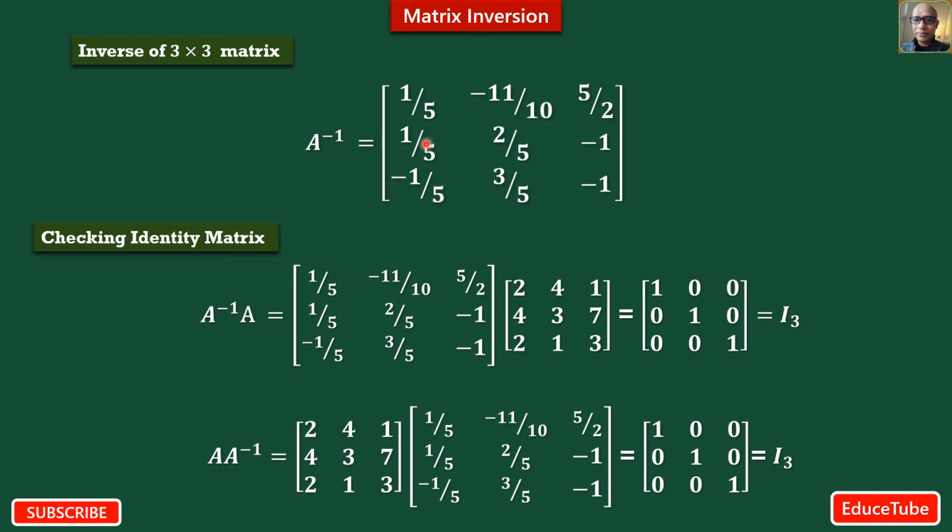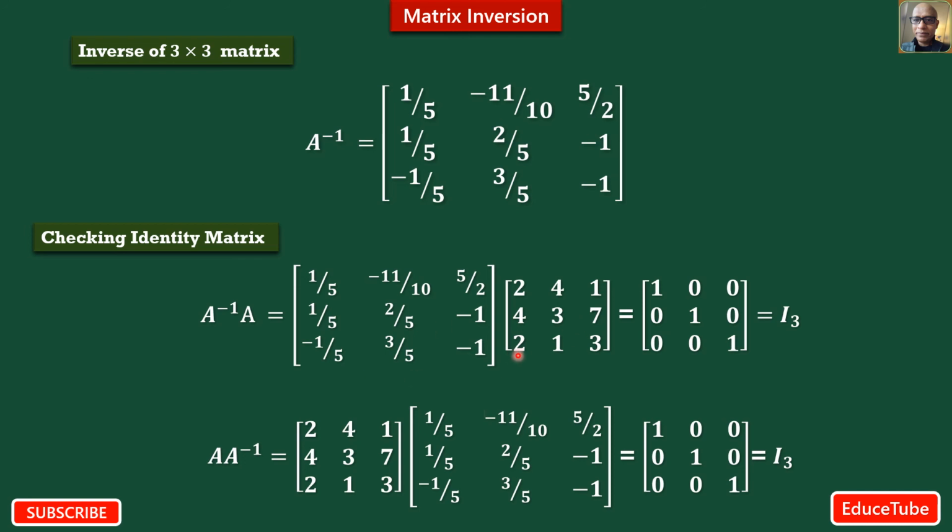But we want to be sure that our result is correct. So what will we do? We will multiply this with the original matrix. This is our inverse matrix, this is the original matrix. Multiplying these two, we find this result. What is that? It is the identity matrix I3.